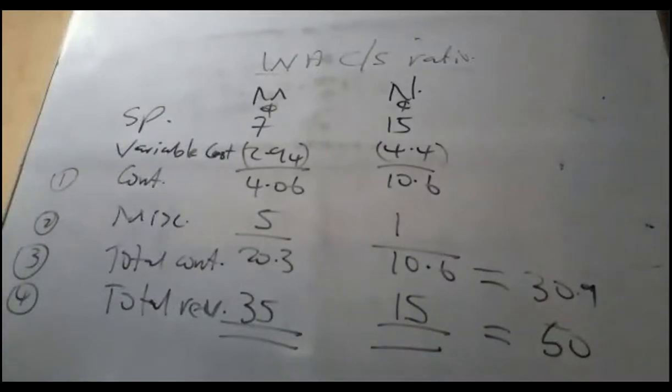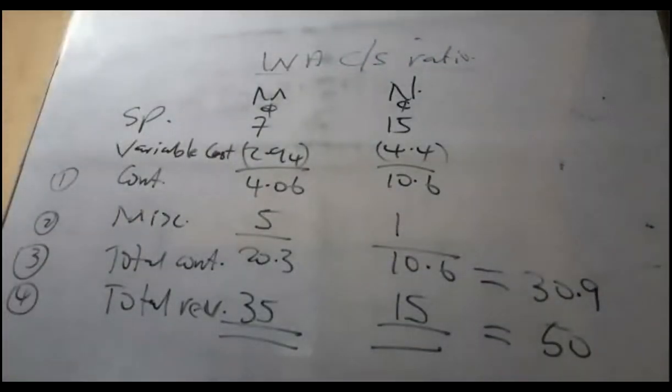How do you find the contribution to sales ratio? The CS ratio. So we said that step 5 is the CS ratio. Agreed. So what will be the CS ratio? That's step 5.